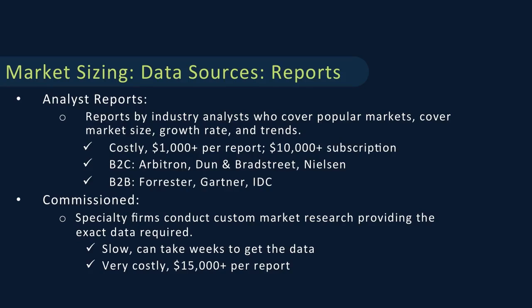The reports often include data relevant to market sizing, but can be quite expensive, often exceeding $1,000 per report. Many analyst firms offer subscription-based pricing if many reports will be needed. Still more expensive are bespoke or commissioned reports. Marketing analysts get exactly what they need, but at the price of several $1,000s and weeks, if not months, of waiting.